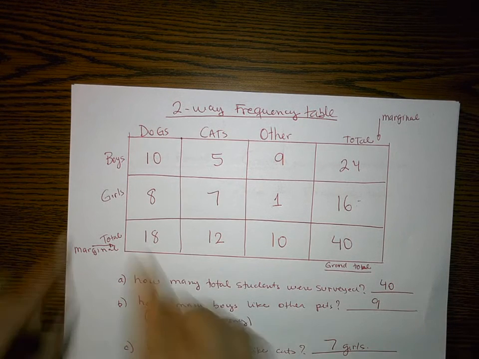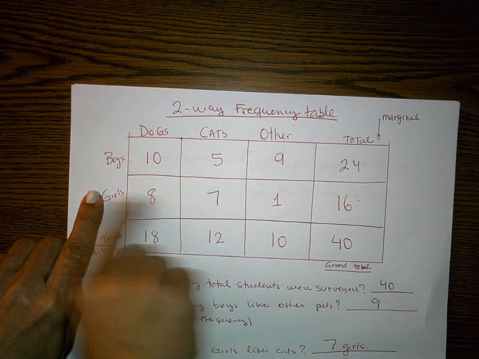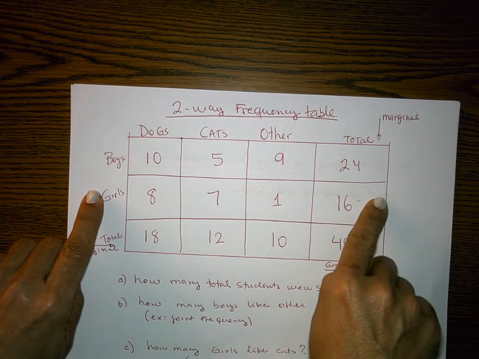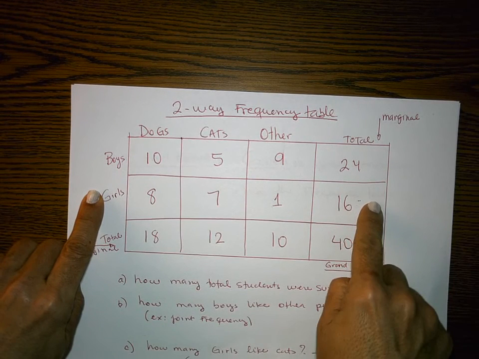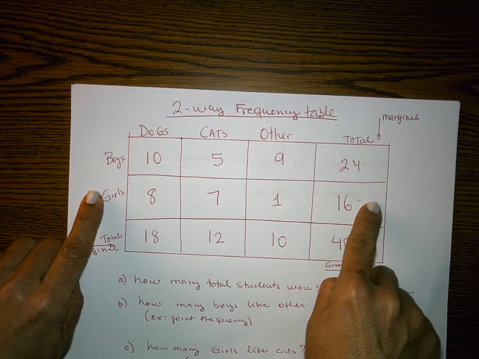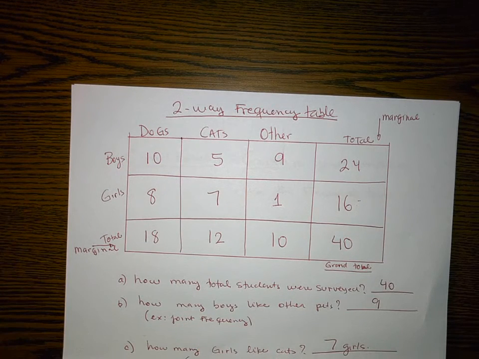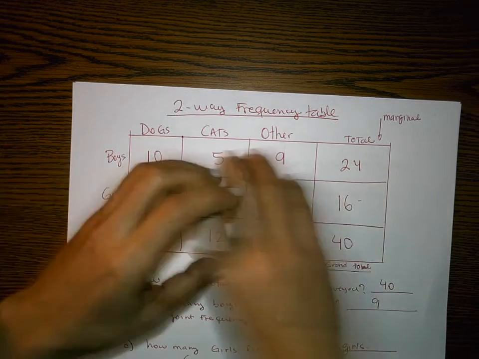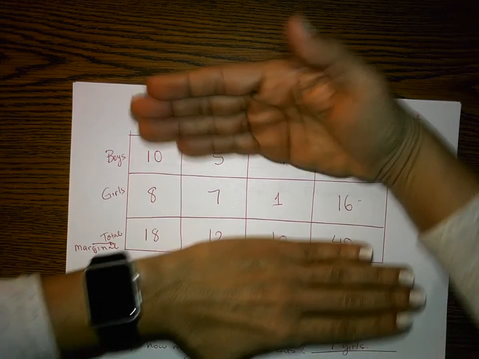So my condition that I'm giving you is that I only want you to look at girls. Okay, so these are the only girls right here. That's my condition. So given that they're girls, what is the relative frequency that they prefer cats? First of all, given that they're only girls, I cannot look anywhere else on the table. I cover it. I only look at girls.